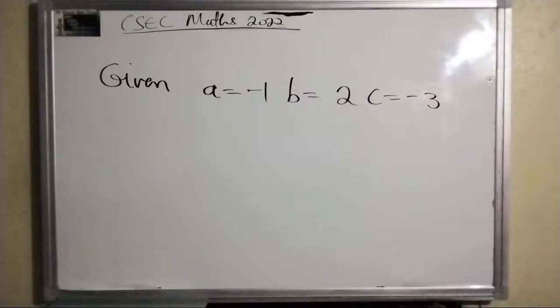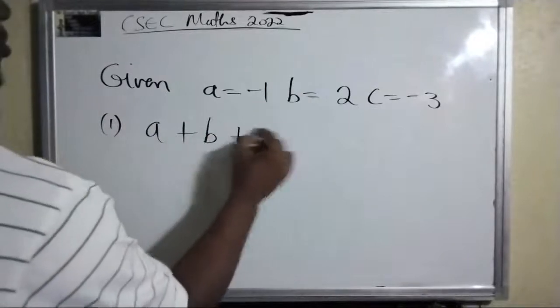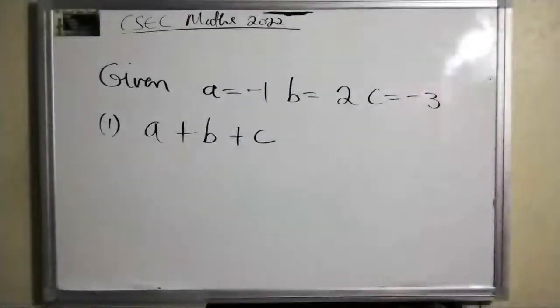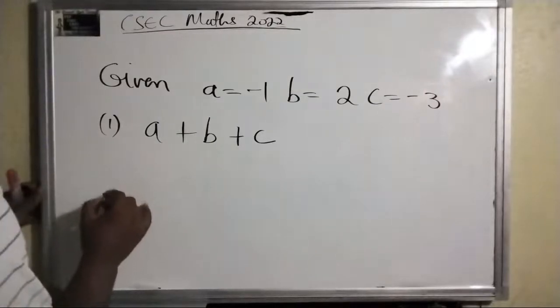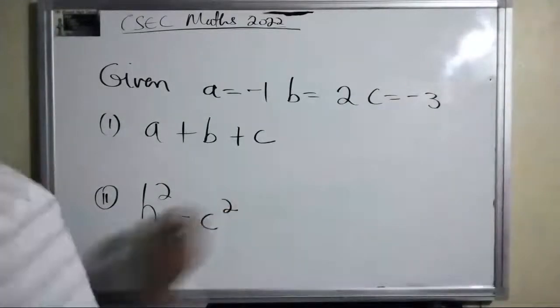The first one says, find the value of a plus b plus c. That looks pretty straightforward. That is only one mark though. Next one says, b squared minus c squared.